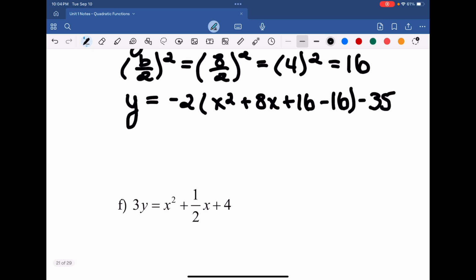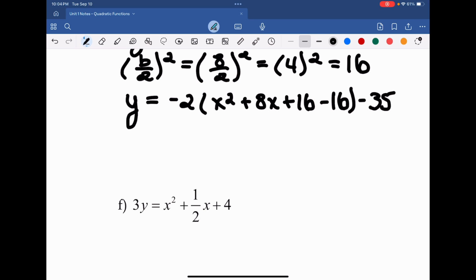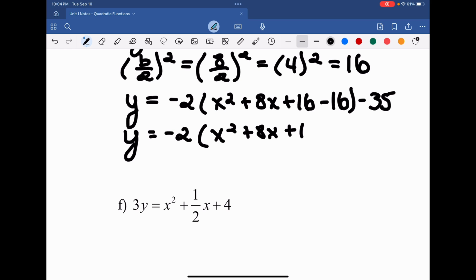Okay, now from here, in order to remove the negative 16, we must multiply it by the negative 2. Therefore, what I'm going to have is y is equal to negative 2 times the bracket x squared plus 8x plus 16, close the bracket.